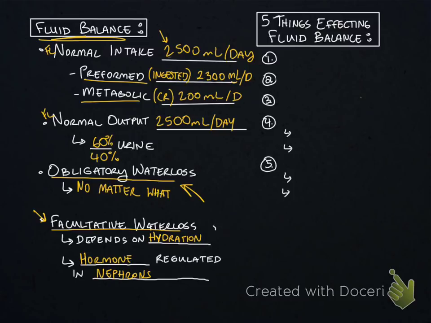So facultative water loss will help us decrease fluid output when we're dehydrated, but not inhibit water loss completely because of obligatory water loss. Does that make sense? So I guess just know those terms and what they mean.